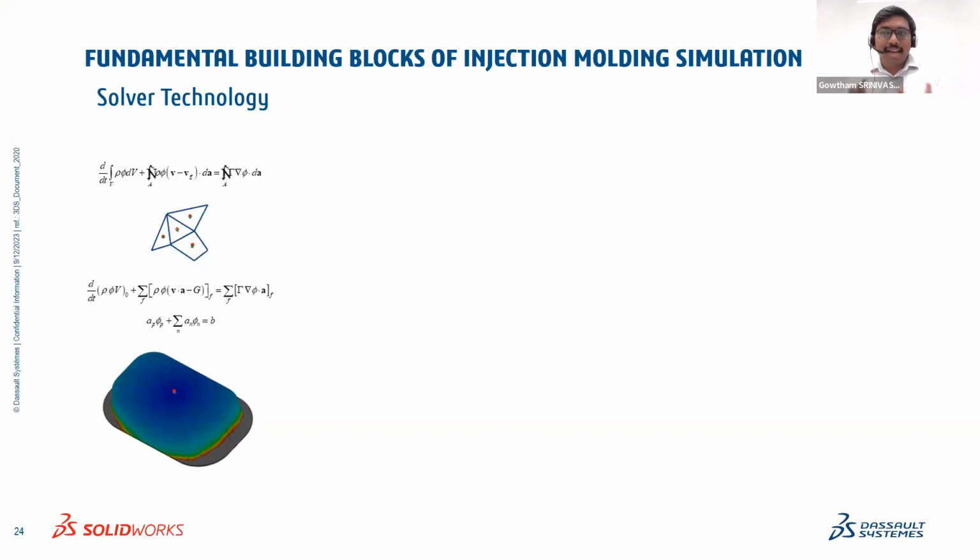The exact prediction and calculation need to be done. For that, Dassault Systèmes Plastics has a well-known, robust solver technology, tested with virtual and real-world test comparisons, and it is a proven technology.